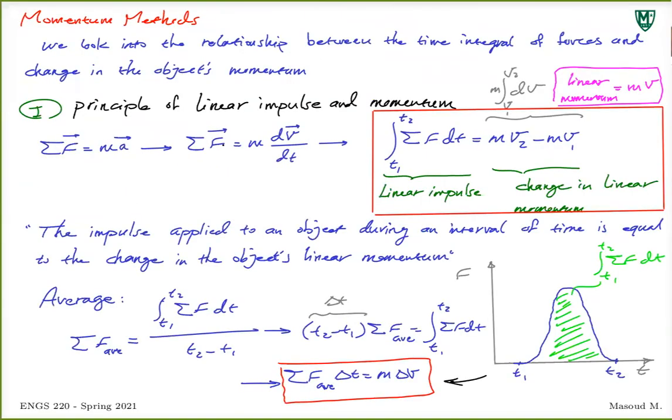We can form a relationship between the force applied to the system in a time interval and the change in the velocity of the system, the change in linear momentum, as we call it. That's the story. Previously, we were looking at the relation between force and displacement. Now you're looking at the relationship between force and time.